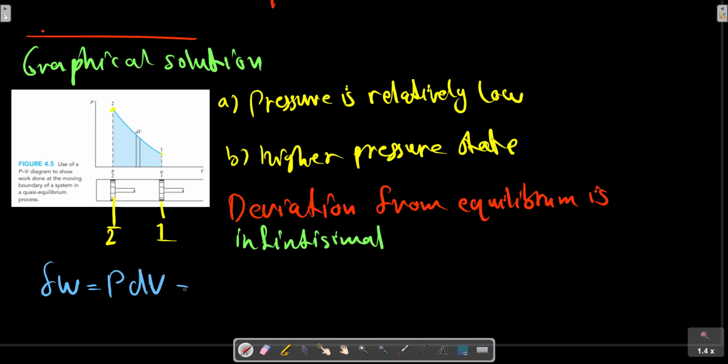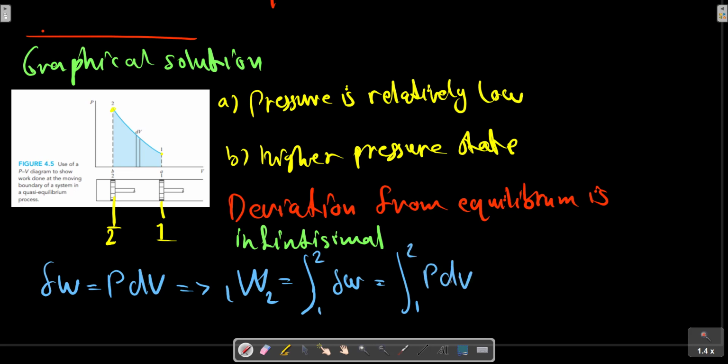So the work from state 1 to state 2, the symbol W from 1 to 2, is to be interpreted as the work done during the process from state 1 to state 2.